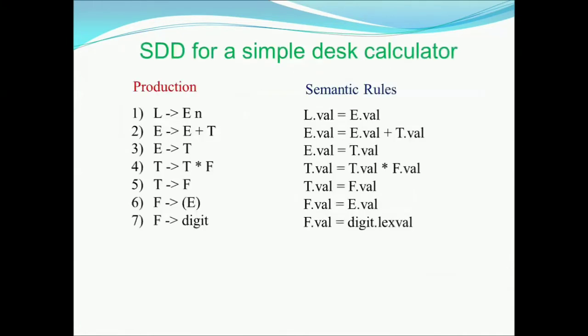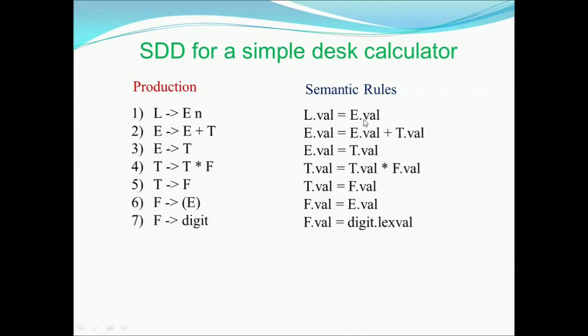Let's see an example of why we call this an S attributed syntax directed definition. If you look at the semantic rules, every attribute value gets its value from its child node or children. For the first rule, the semantic rule is L.value equals E.value.